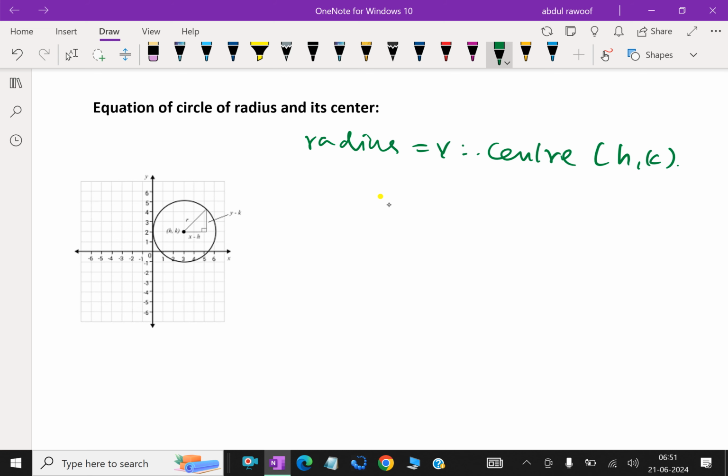The equation of a circle is (x minus h) squared plus (y minus k) squared equals r squared. This is the equation of a circle.